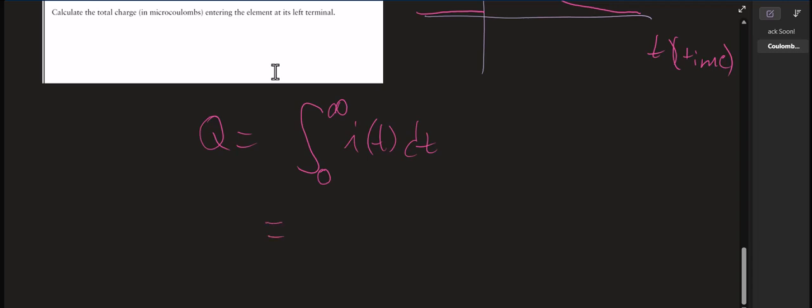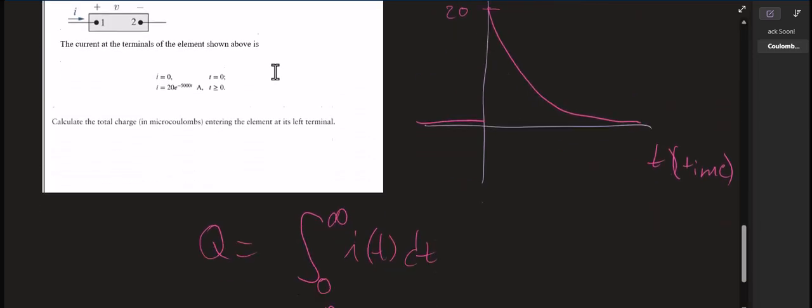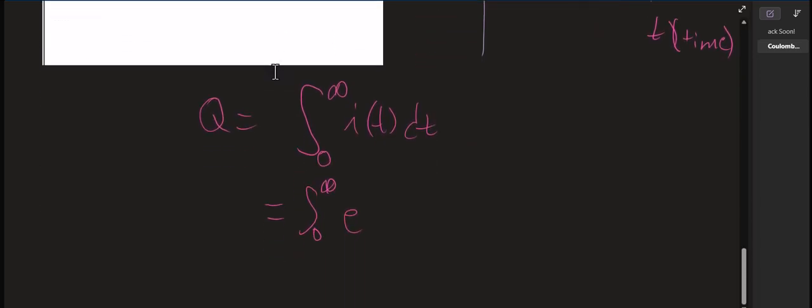In physics and engineering, they don't seem to mind if you stick infinity up there as a limit of integration. In math, they want you to put an a and then take the limit as a goes to infinity, but we'll do it this way. So 0 to infinity of 20e to the negative 5,000t dt.